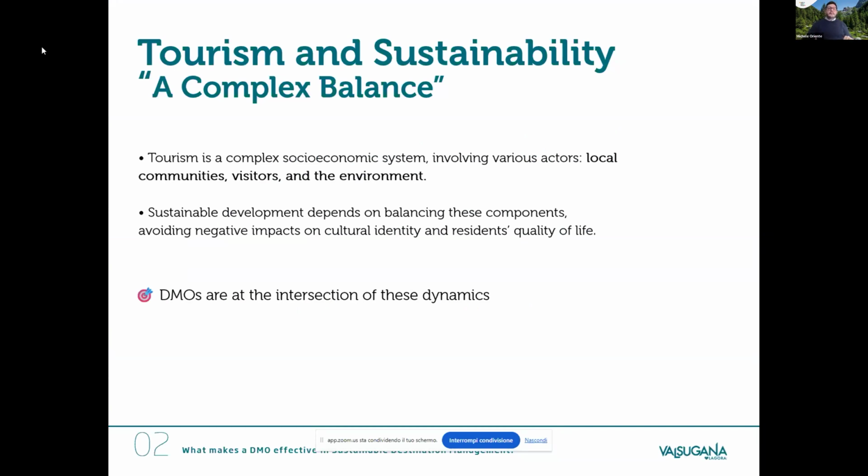Sustainable development depends on balancing these components, avoiding negative impacts on cultural identity and residents' quality of life. And the claim is, DMOs are the intersection of these dynamics.